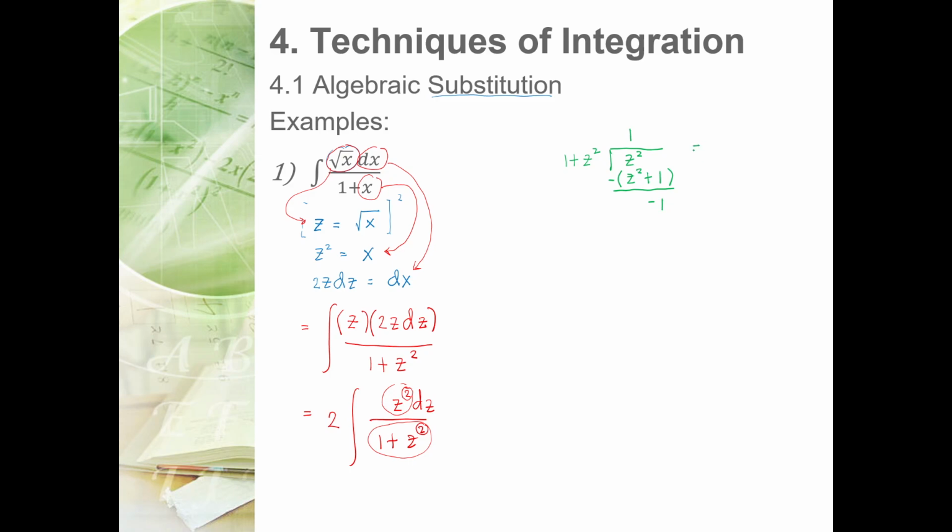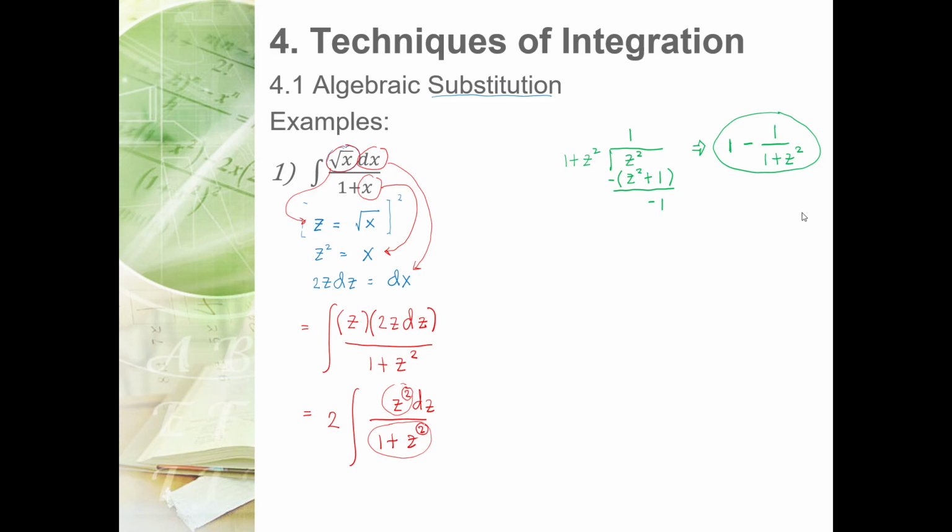So the answer is 1. That's the quotient. Then how do you write the remainder? That would be minus the remainder, 1, all over the divisor, 1 plus z squared. So that's how you write it.